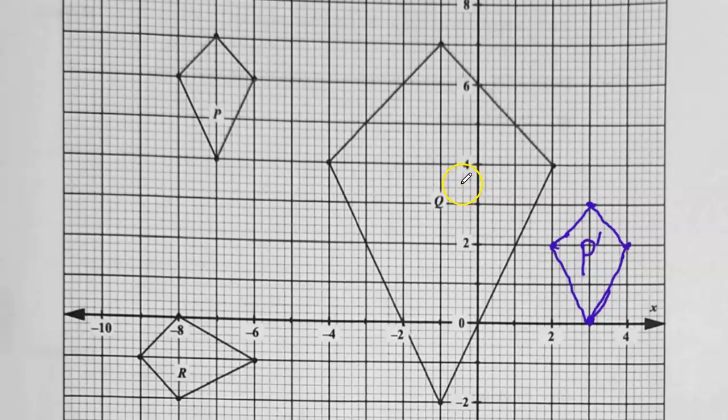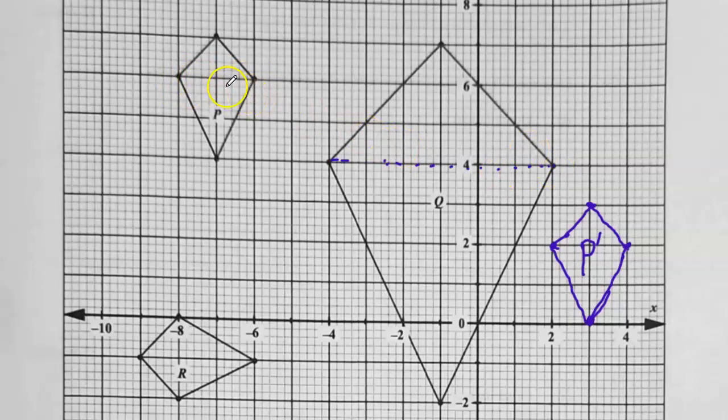So what we can do is just measure 2 lines. To describe the enlargement, I need the scale factor, and you can choose any 2 corresponding sides. Let me just use here. If you measure this length, it is 1, 2, 3, 4, 5, 6, 6 units. This length is 2 units.